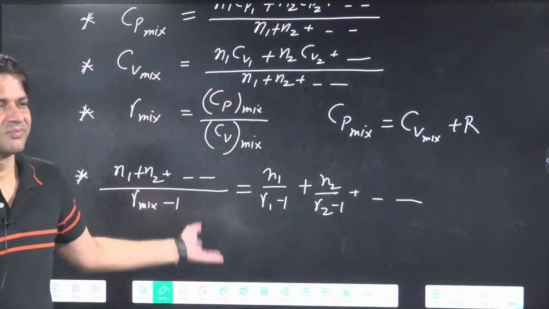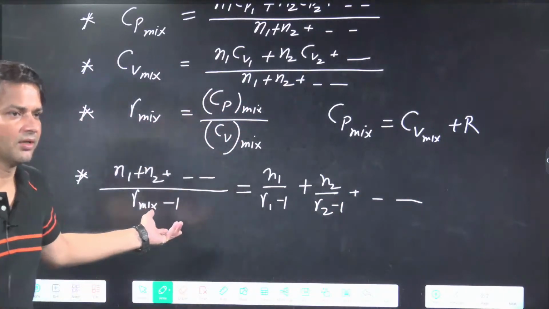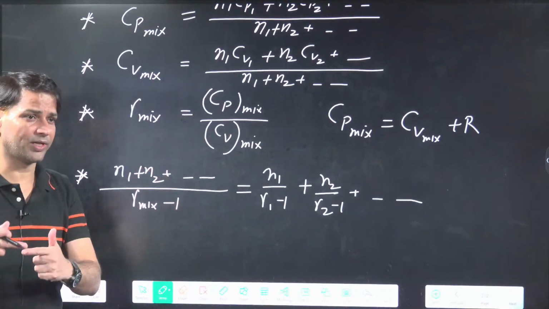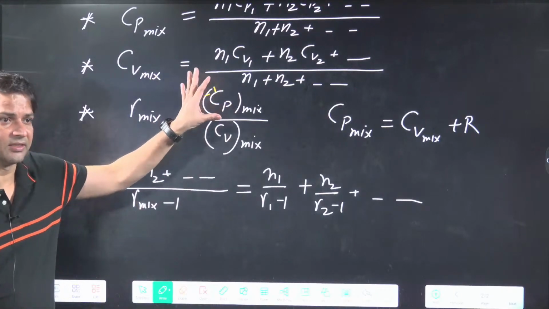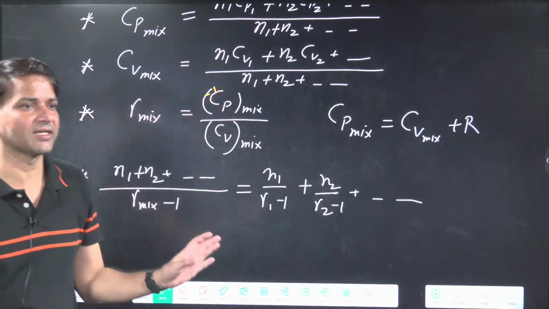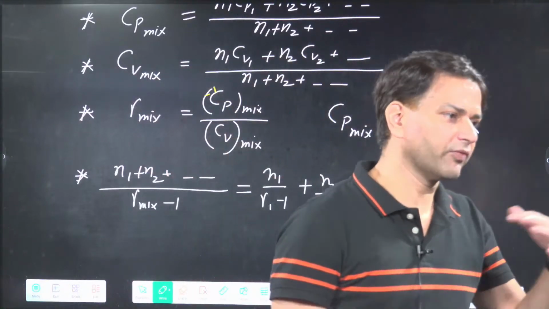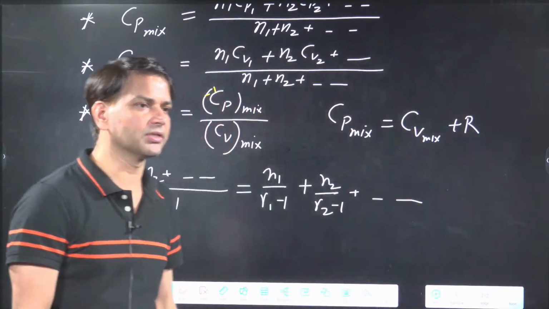But you can see it is difficult to remember, and the calculation is a little lengthy, but it is easy. So when you know the moles and gases, find Cv mixture, then Cp mixture, then you get the gamma mixture.